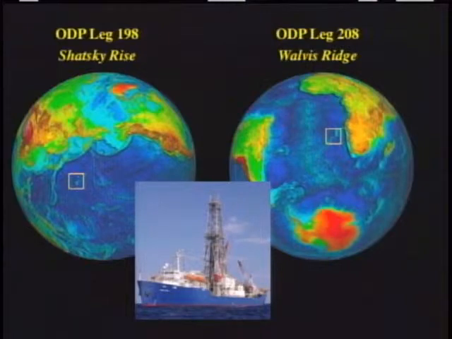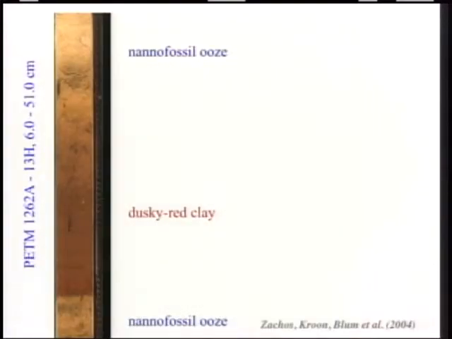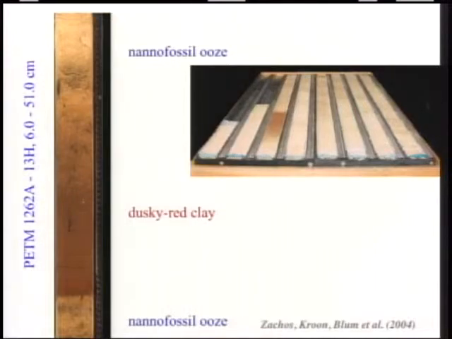We've done this in various locations, Shatsky Rise in the Pacific and the Walvis Ridge in the South Atlantic. I'm just going to show you records from the Walvis Ridge. They're essentially the best depth transect cores we have. In the South Atlantic, when you drill down through this 55 million year old layer, what you see is this clay layer with a sharp basal contact and a gradational upper contact.